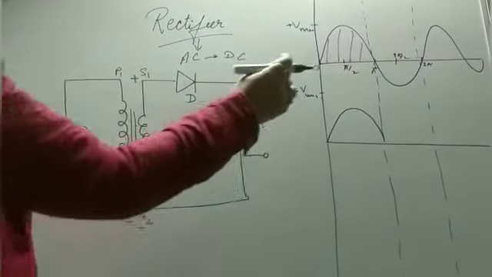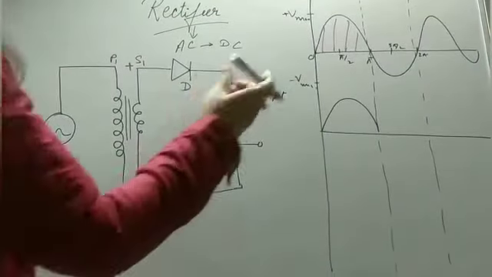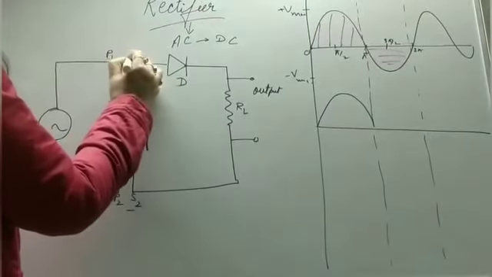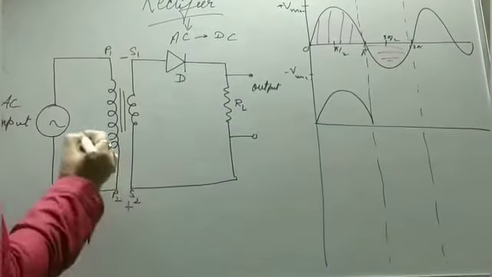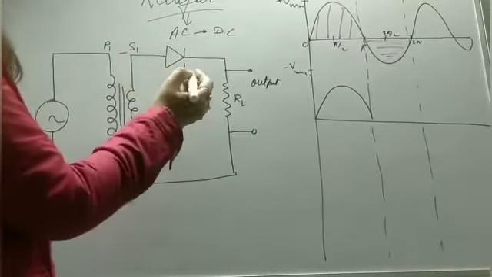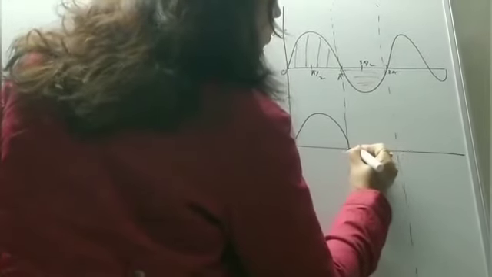Now in the next half cycle, what is happening? In this negative half cycle, this becomes negative and this becomes positive, so the diode is reverse biased. That means a slight, negligible current will flow due to the minority carriers. That means almost zero. This is the waveform.